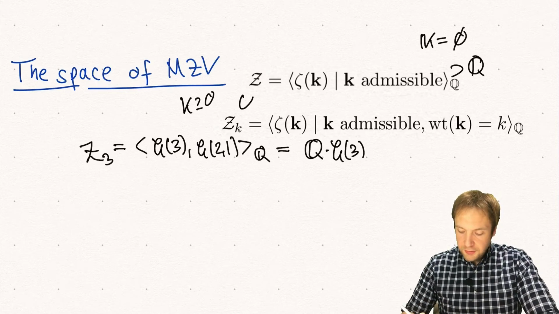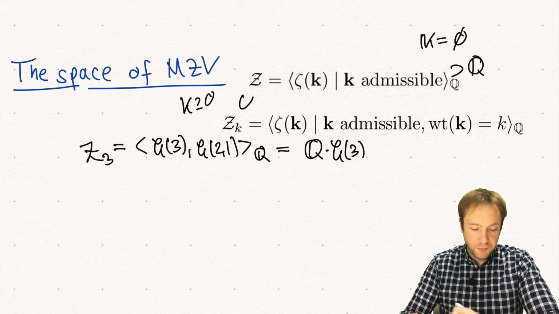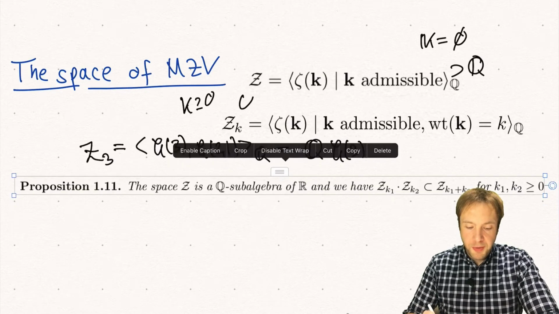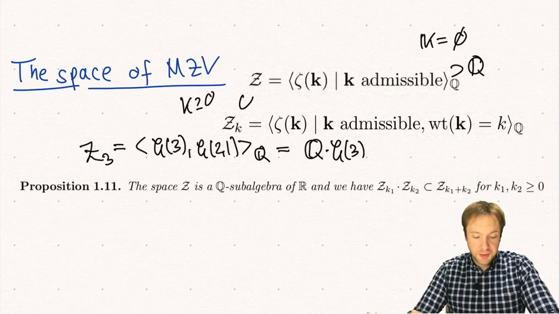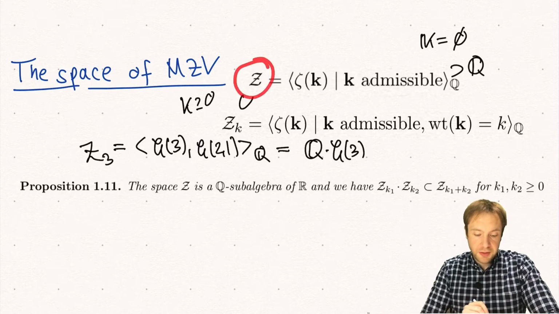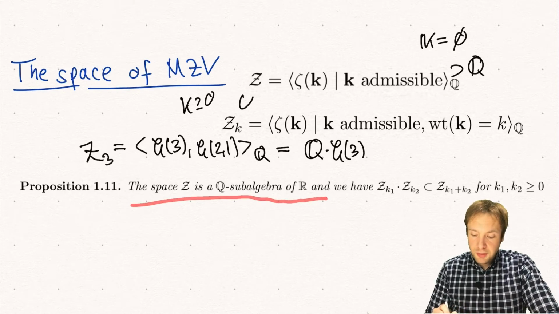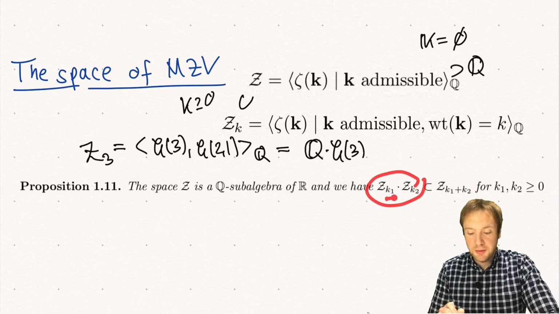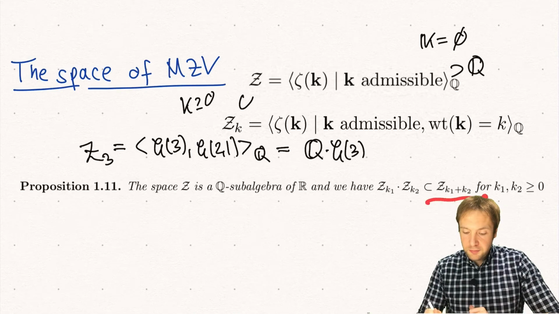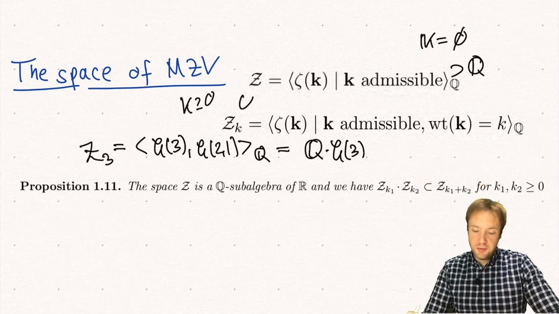And these products we discussed before, the shuffle and stuffle product, we will make sense of for arbitrary depths in the next section, and we will see that this space Z is actually closed under multiplication, and it's a Q-subalgebra of R. We also have that if I multiply a multi-zeta of weight k1 with a multi-zeta of weight k2, then this can be written as a linear combination of multi-zetas of weight k1 plus k2.